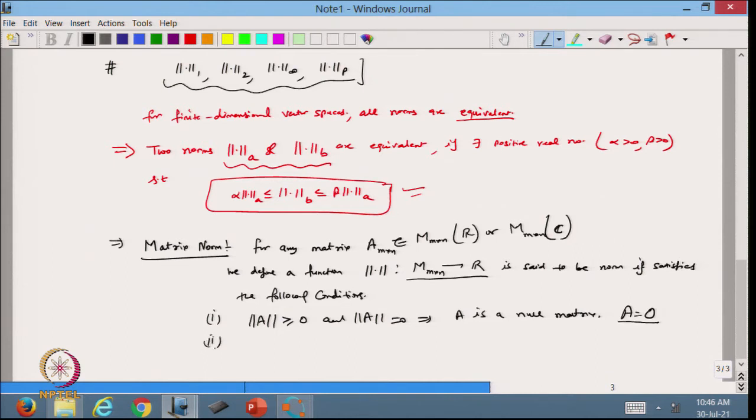Second one is that if I take some scalar alpha multiplied with A, then the norm is equal to the magnitude of alpha times the norm of A, where alpha is a scalar, which can be real or complex.